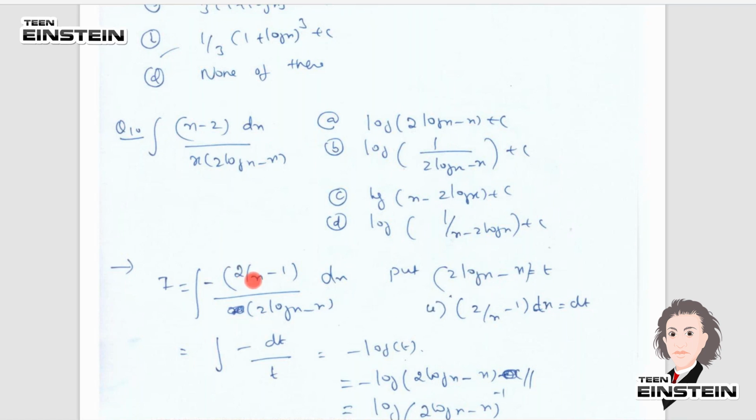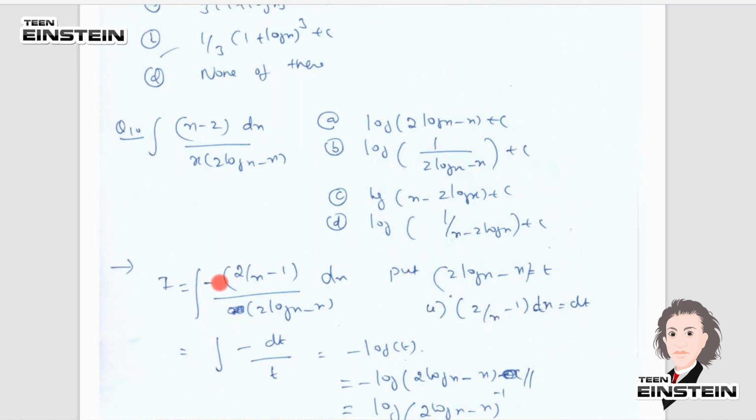When you differentiate, 2 is a constant term, and the differentiation of log x is 1 by x. So 2 by x minus the differentiation of x, which is 1. So 2 by x minus 1 dx is equal to dt.